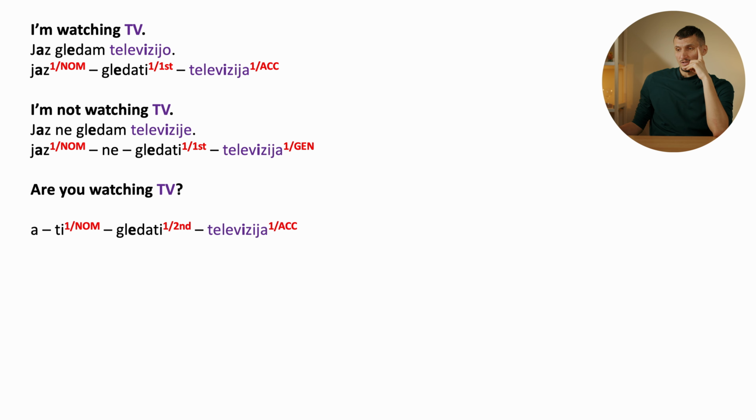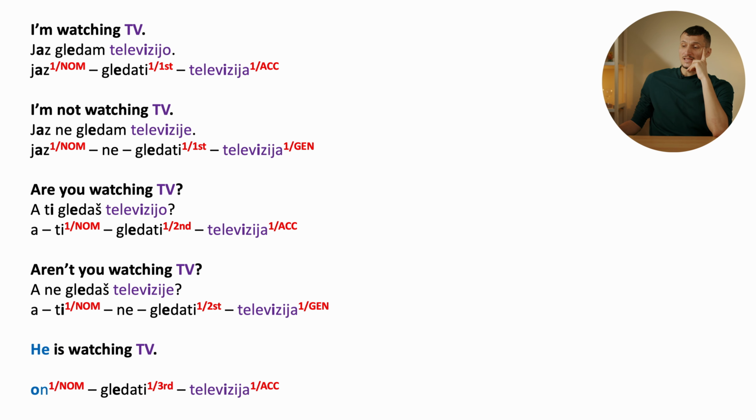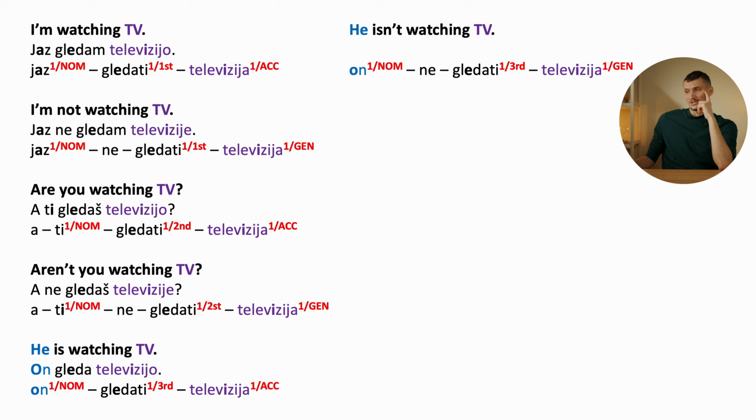Are you watching TV, or do you watch TV? It's the same thing. A ti gledaš televizijo? Aren't you watching TV? A ti ne gledaš televizije? He is watching TV. On gleda televizijo. He isn't watching TV. On ne gleda televizije.